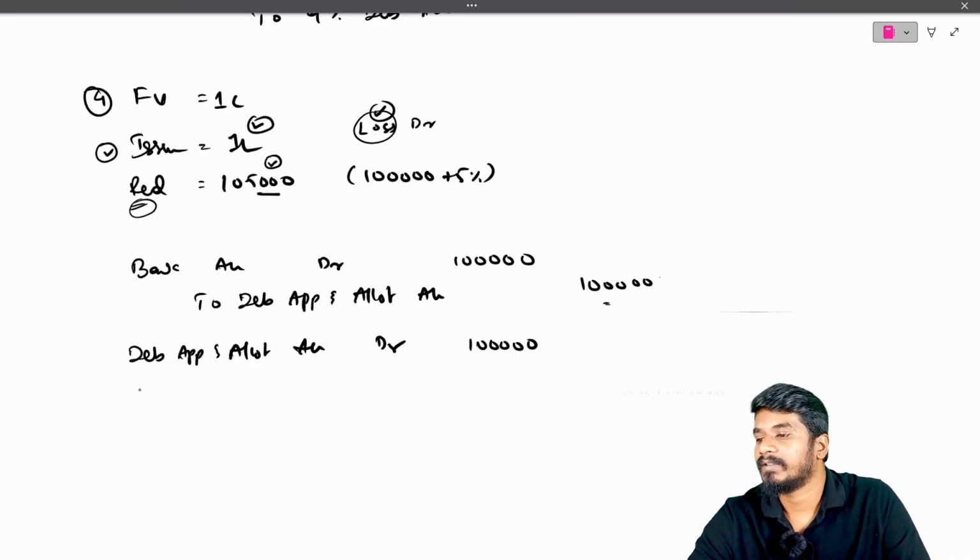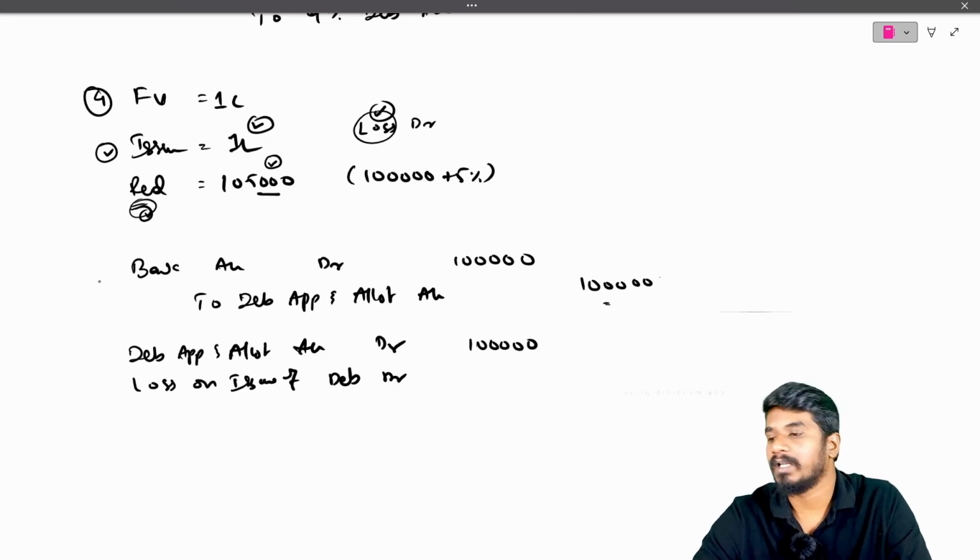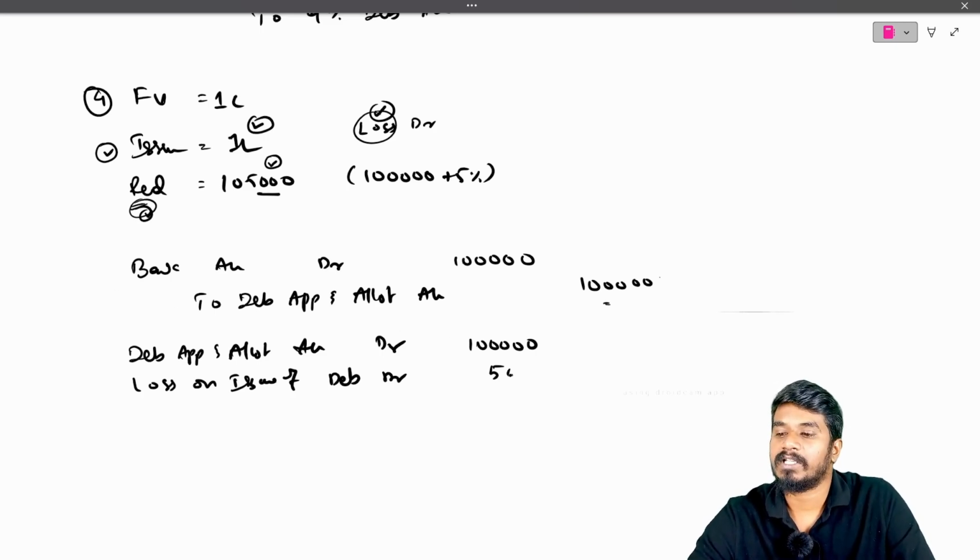So now the thing is loss on issue of debenture. So now you cannot write it as a discount, right? Because it is on redemption, premium on redemption. That's why. So what is the premium? 5,000 loss.